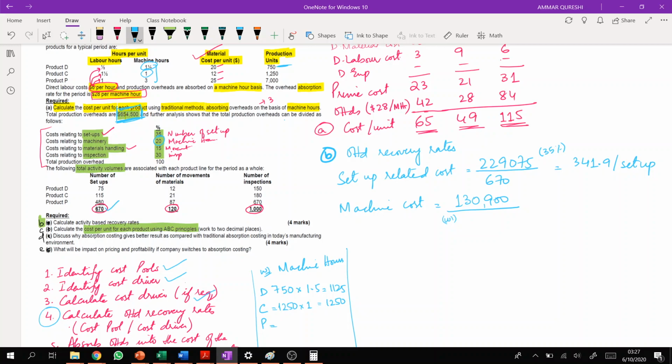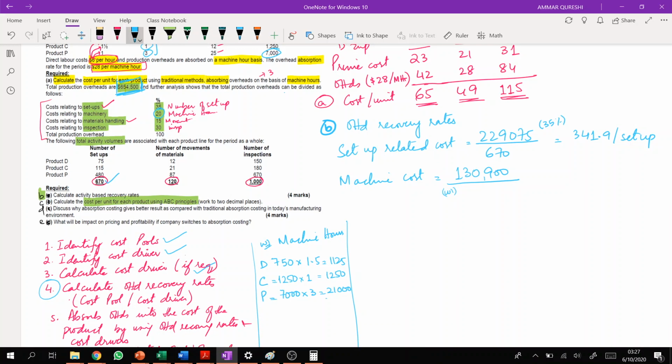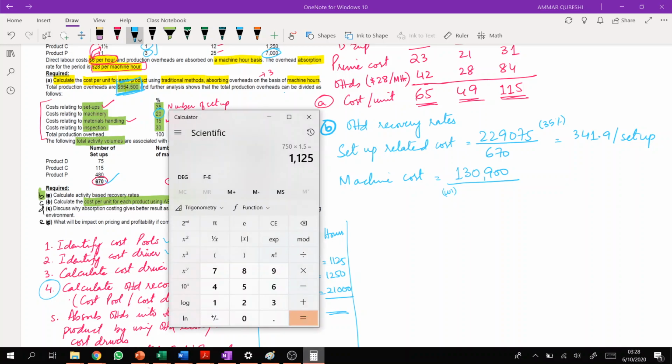And product P, we need to manufacture 7,000 units of product P. And how many machine hours? 3 machine hours per unit. That makes 21,000. So overall machine hours will be 1125 plus 1250 plus 21,000.